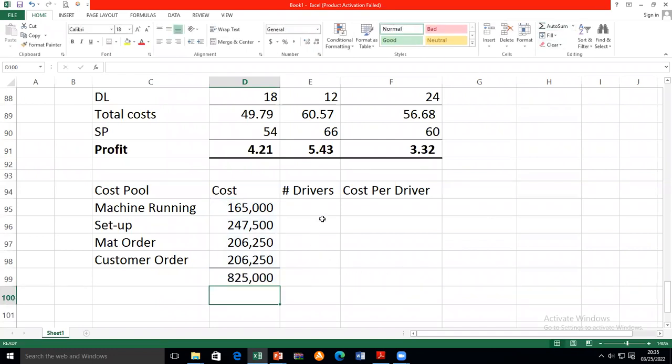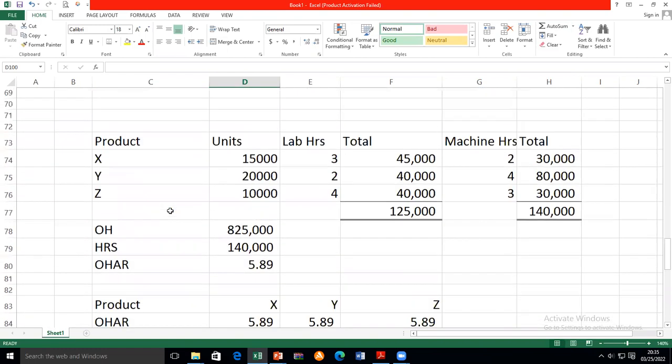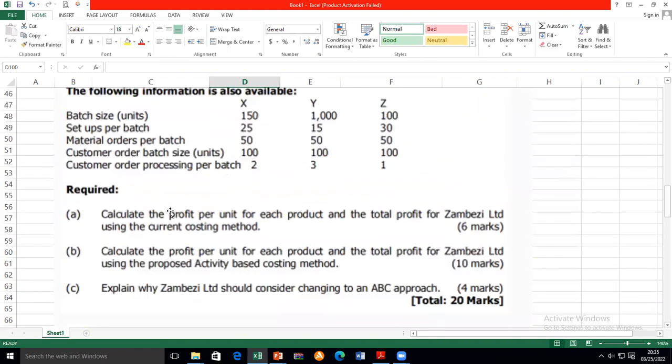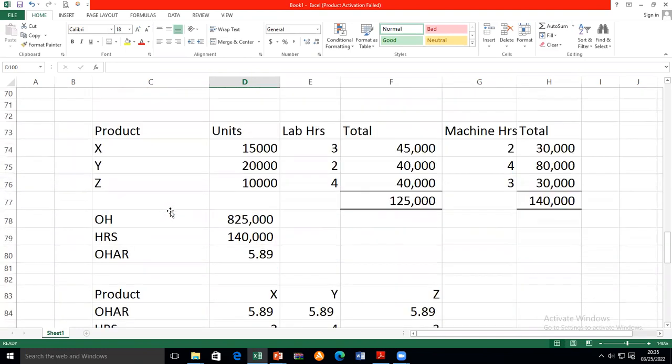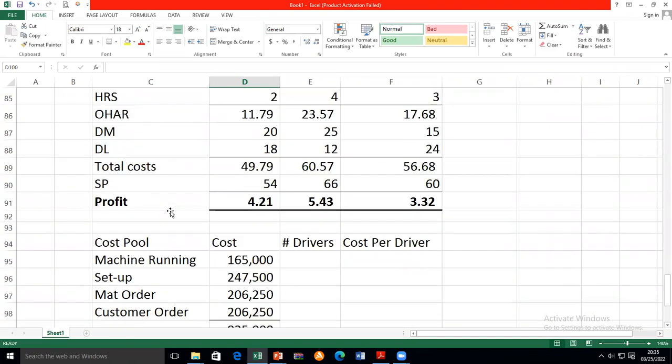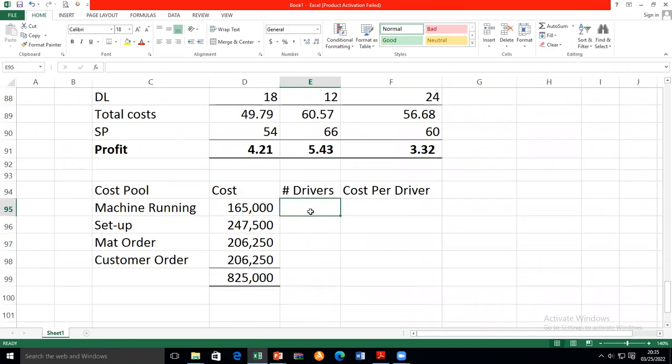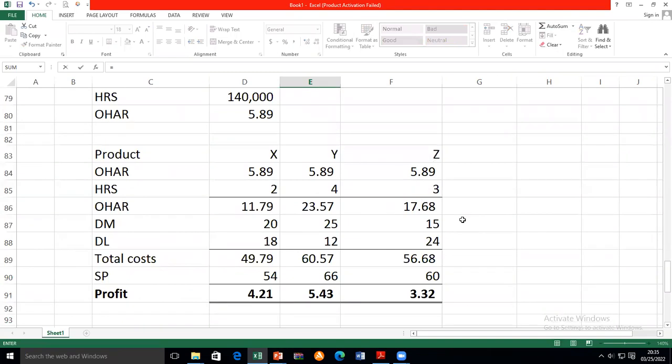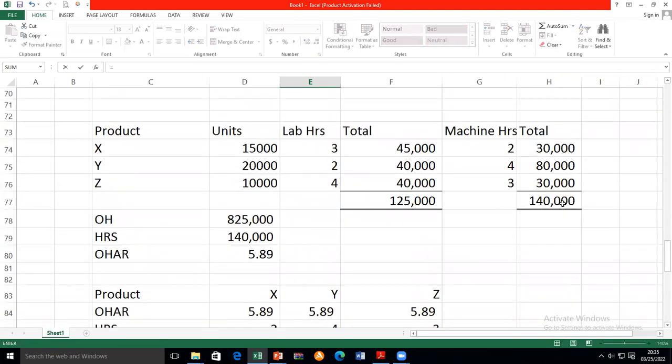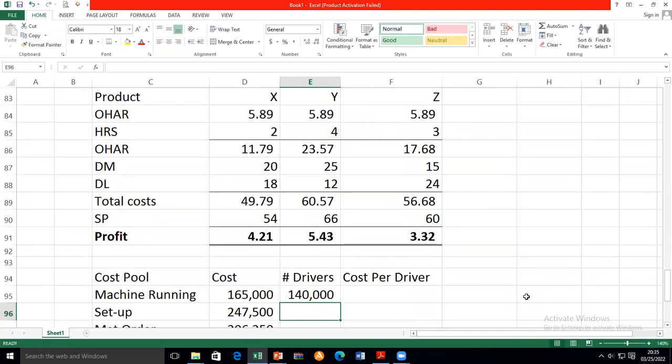What are the number of drivers? Machine running. So for machine running, what is the cost driver? It's the machine hours, and we have your machine hours already here with these hours.